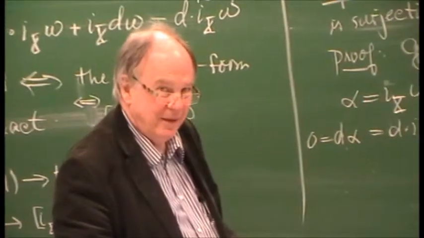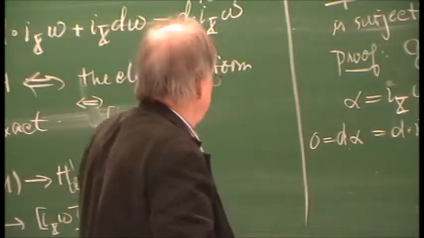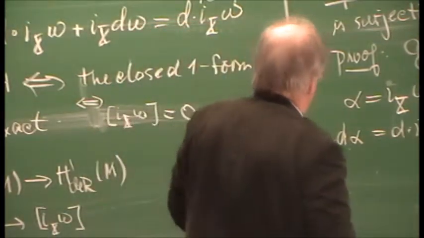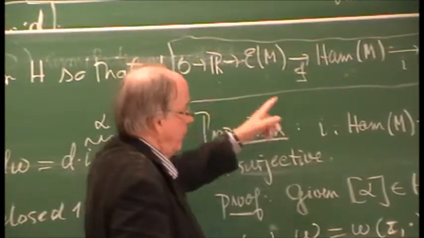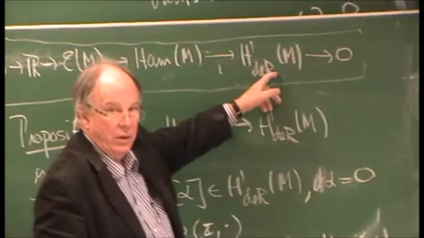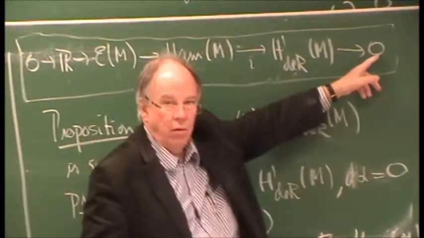Can I ask, why do you always put the zeros there? In the de Rham sequence it made sense, but in this sequence, the last map goes to 0. It's formal, it's the map to 0.